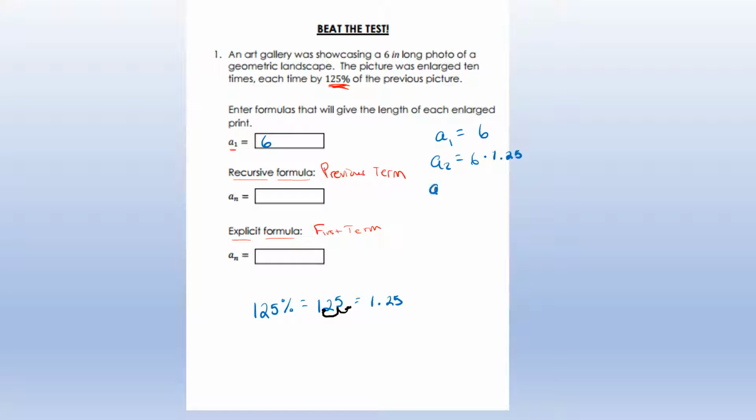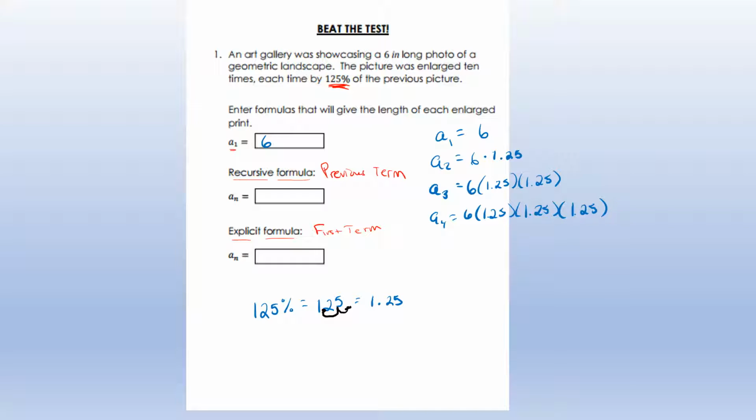What if I wanted the third term? Well, I would take 6 times 1.25 and then multiply that by 1.25 again. The fourth term, same idea. Take 6 times 1.25 times 1.25 and multiply it by another factor of 1.25.